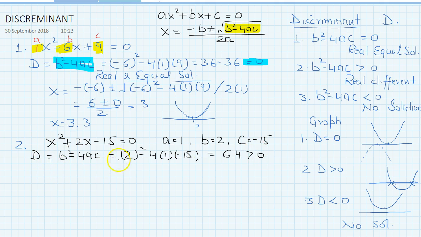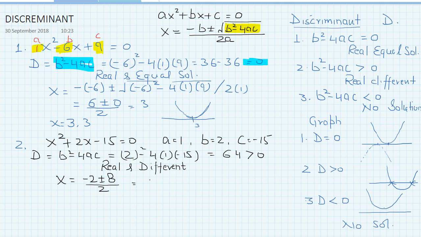So let's find out its real and different roots. So let's find x. So x will be minus b is minus 2 plus minus root b square minus 4ac, that is root 64, which is 8, over 2a.